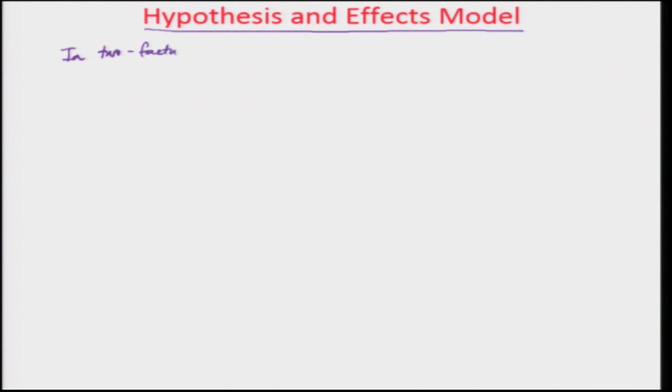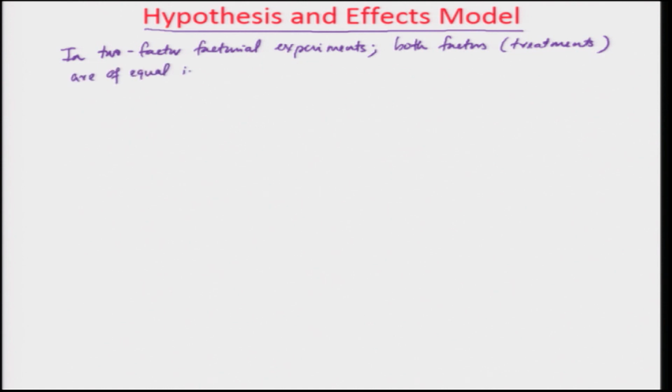There are two factors here. In two factorial experiments, both factors, also known as treatments in another term that is used, are of equal interest. Okay. So, we have equal interest in both the factors typically.